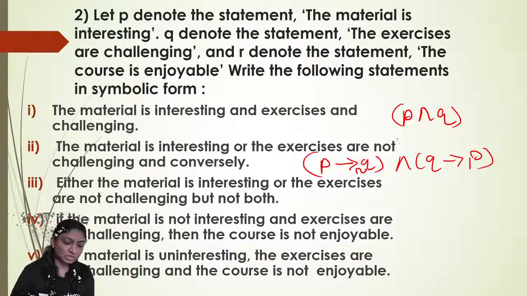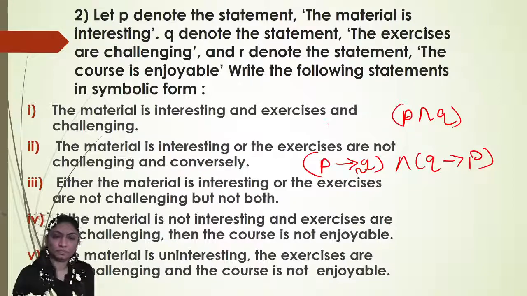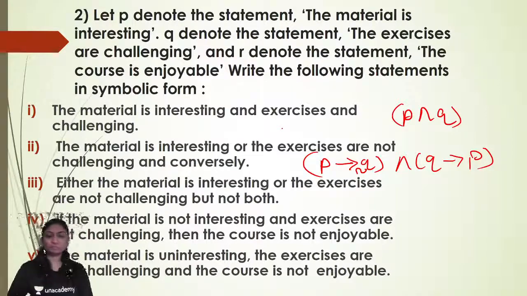Okay. So this is your third statement: either the material is interesting or the exercises are not challenging, but not both. As I told you, but not both. It means here you can write either-or, exclusive or, right?